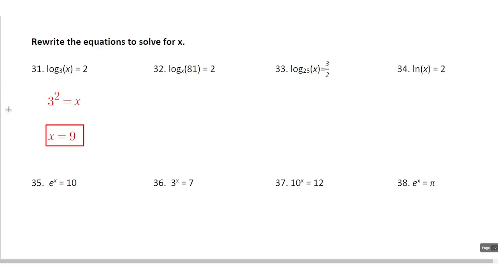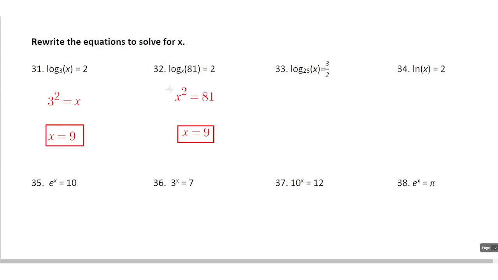Number 32, we've got our base is x, so x squared equals 81. Hopefully you just know this off the top of your head. If not, you could just take the square root of both sides, and we get x equals 9. You might wonder why we are not going to also include negative 9, because negative 9 squared is 81. That's because the base of a logarithm cannot be negative.